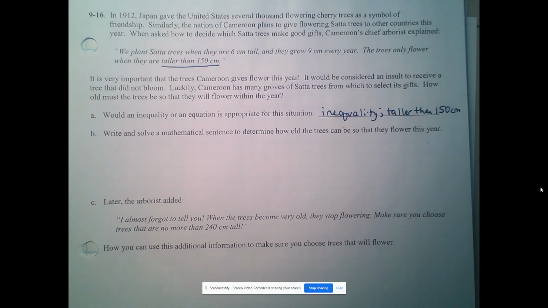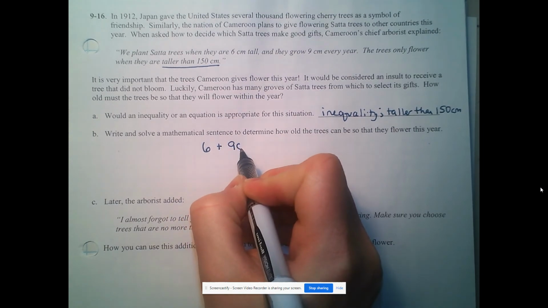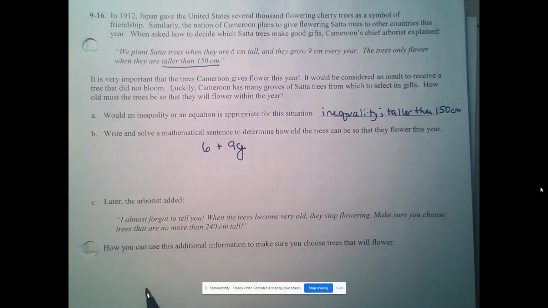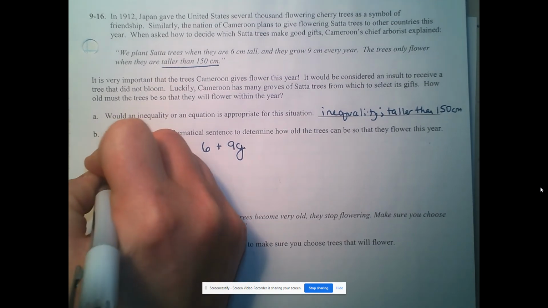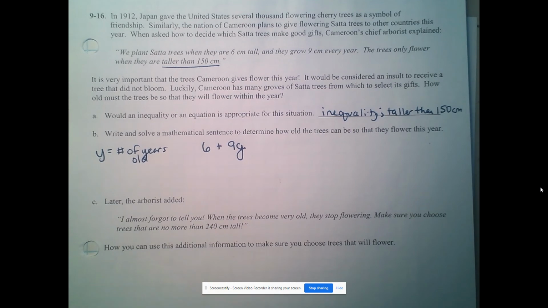So we plant the trees when they are 6 centimeters tall and they grow 9 centimeters every year. So that 9y, I would say y equals number of years old. You could have picked any letter that you wanted.